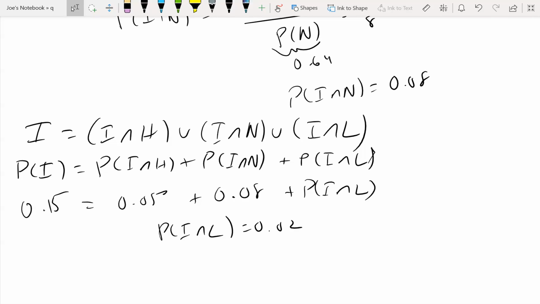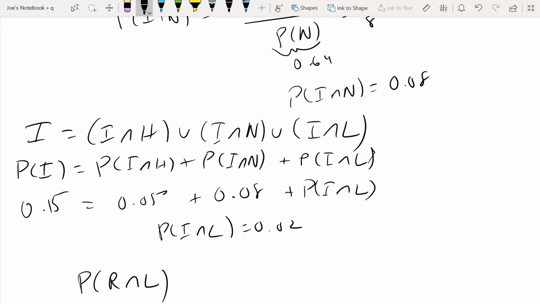Finally now, we're looking for the probability of R intersect L, right? Well, if you're a person with low blood pressure, either you have an irregular heartbeat or a regular one, right? What percentage have a low blood pressure? The percentage overall of low blood pressure is 0.22, right?